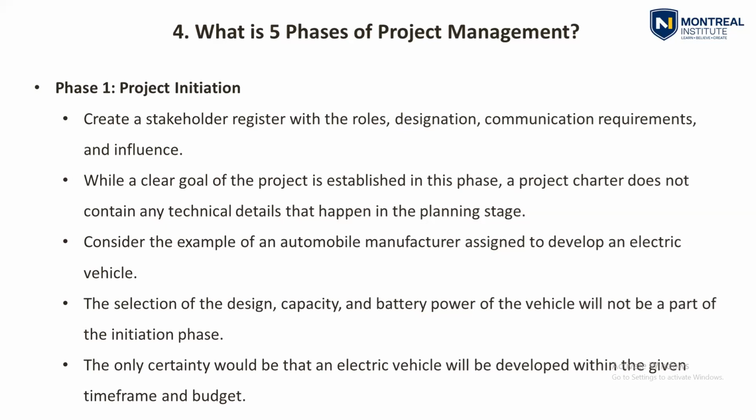This is what he will give in the project initiation stage. After that instruction, the team will develop the design, capacity, battery power, and detailed technical aspects after this initiation stage.